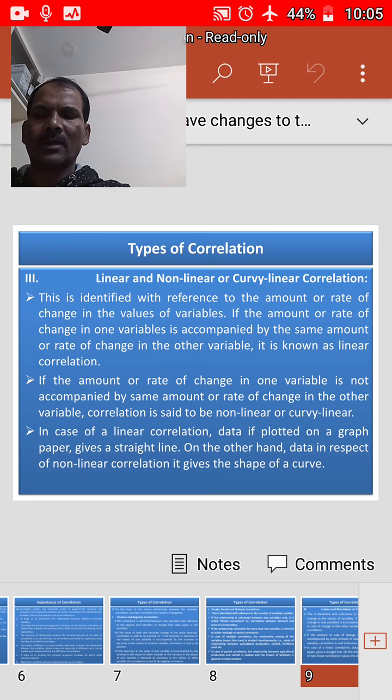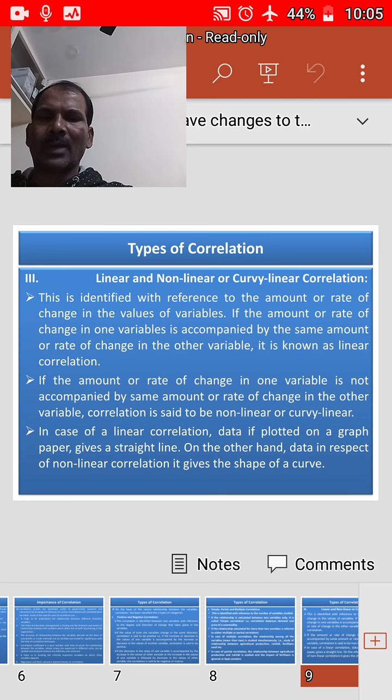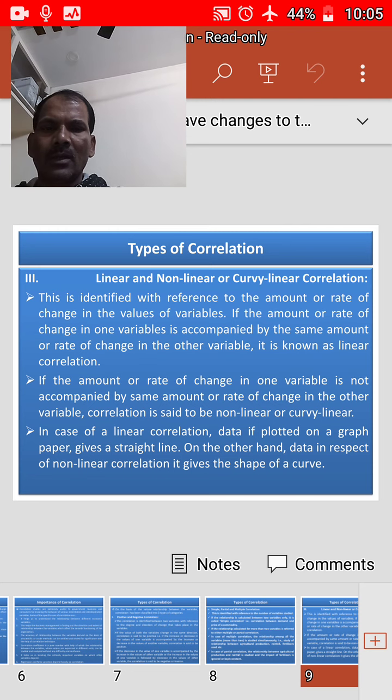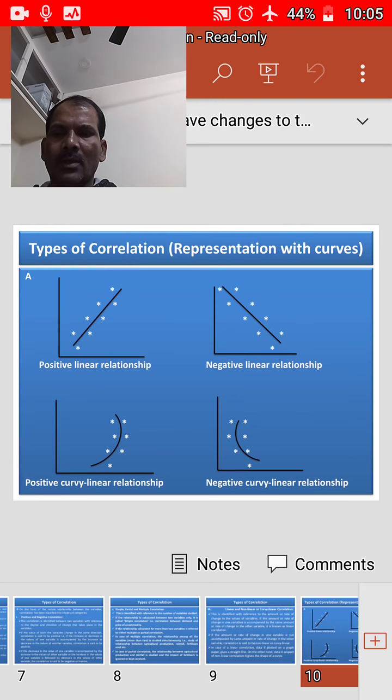In case of linear correlation, data plotted on graph paper gives a straight line. We'll see in the PPT the positive linear and negative linear relationship. How will that exist? In a linear form, in a straight line.